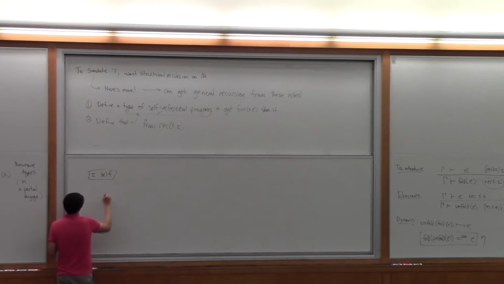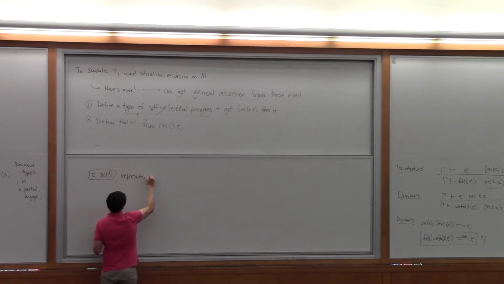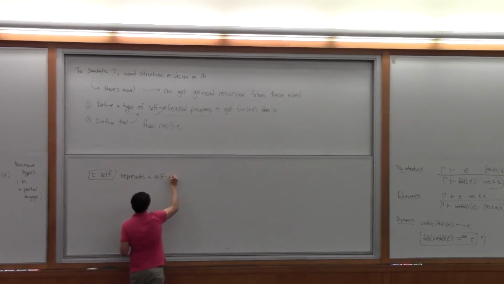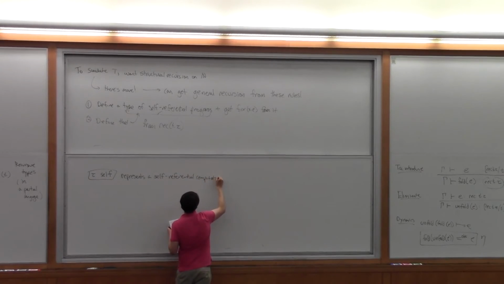And the idea is that this represents a self-referential computation of a tau.